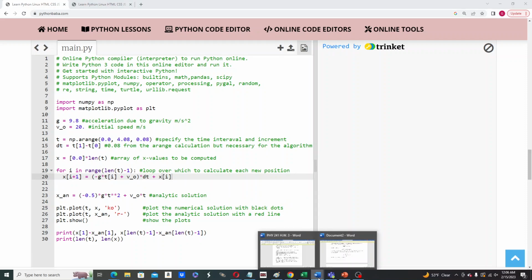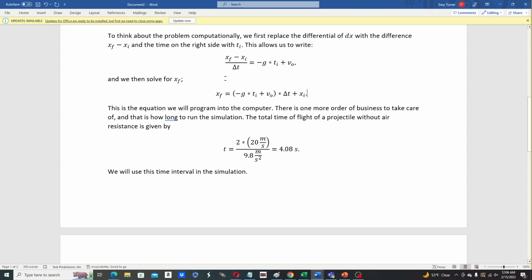So I'm going to come back here. I'm going to talk about this equation. The f here in this equation does not mean my final position completely. What this algorithm is going to do is you give it two inputs.